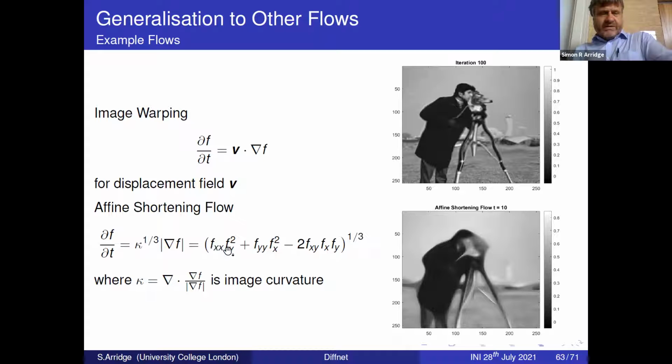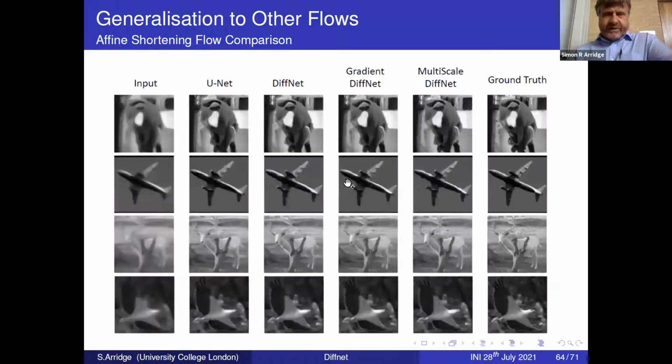So this affine shortening flow, which is the rate of change in the image proportional to the cube root of the curvature multiplied by the gradient of the image, which has this expression here. This is another kind of image enhancement process which looks to flatten the level sets of the image. So we produce training data of that.